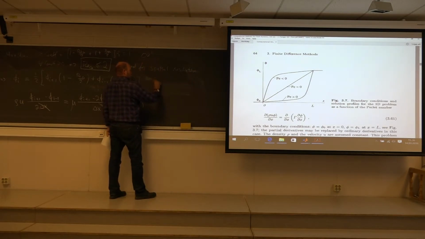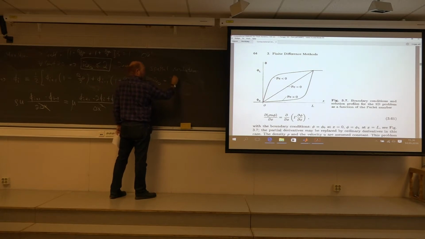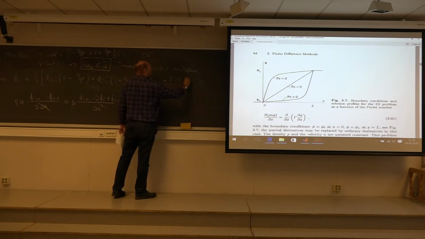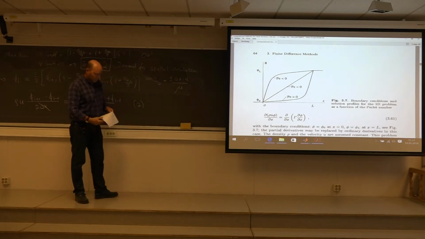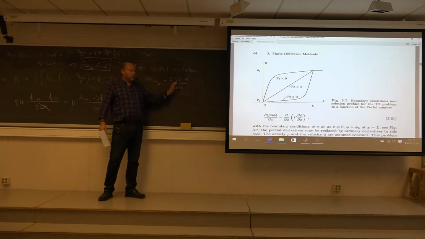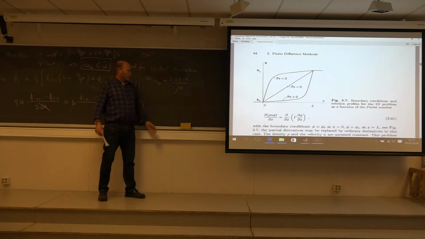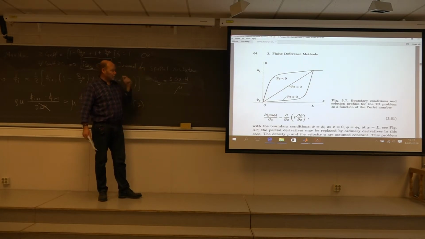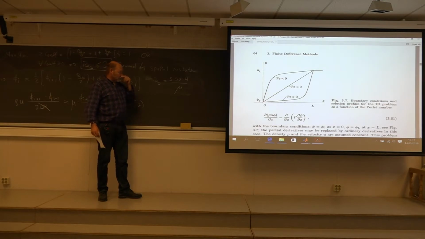So remember the cell Reynolds number, rho delta x times velocity divided by viscosity. For a real problem, you have to use the local delta x and the local velocity in the x direction, and the same goes actually in the y direction as well. So this has to be smaller than 2, and that can be a quite tough demand.